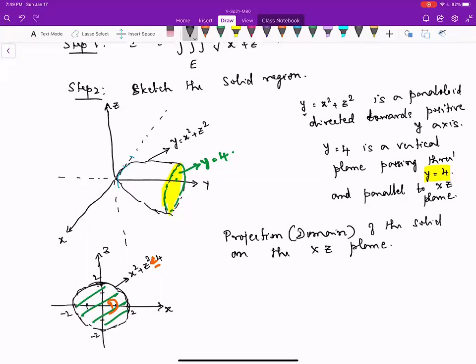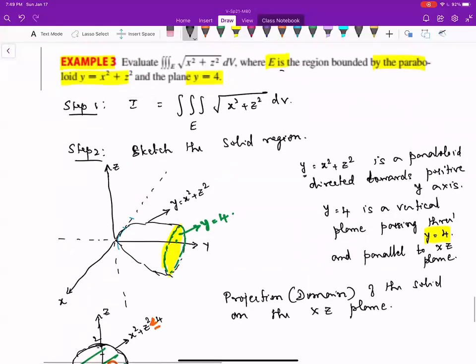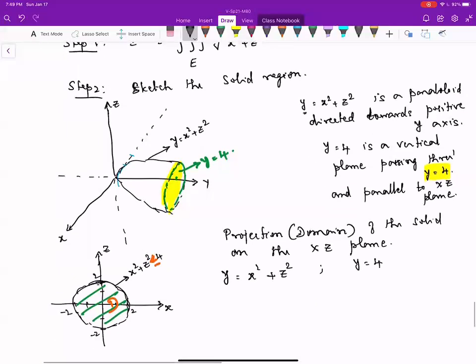It is obtained by solving the two equations: the paraboloid y equals x squared plus z squared and the plane y equals 4. If you set them equal, you get x squared plus z squared equals 4. Because it's a projection, the domain is a disk whose equation is x squared plus z squared less than or equal to 4.